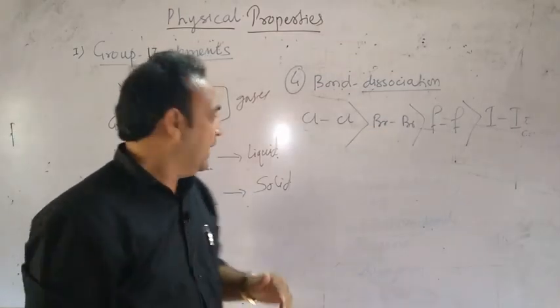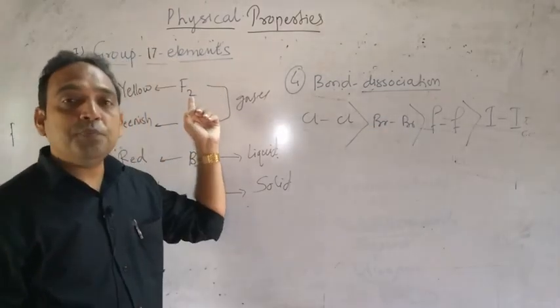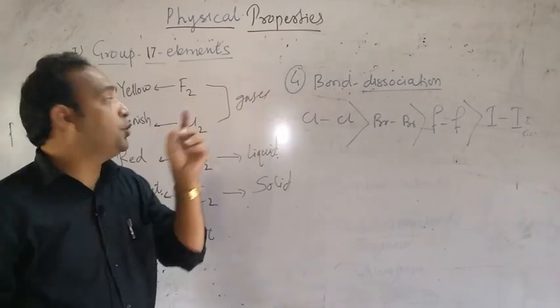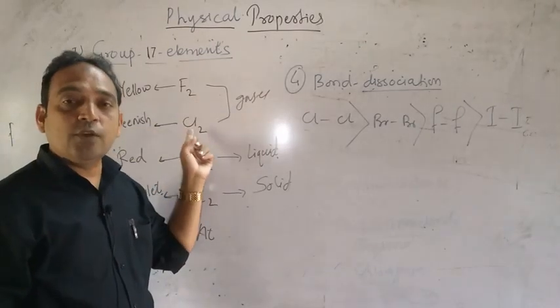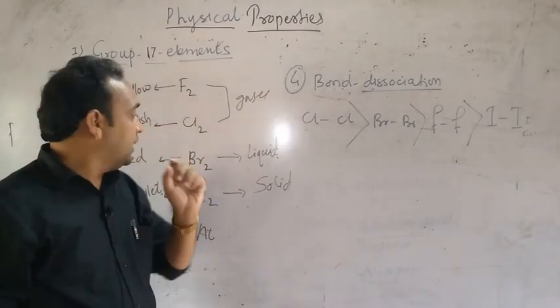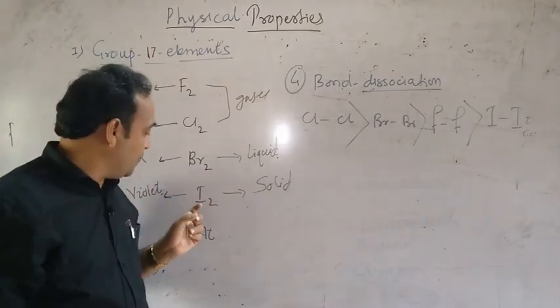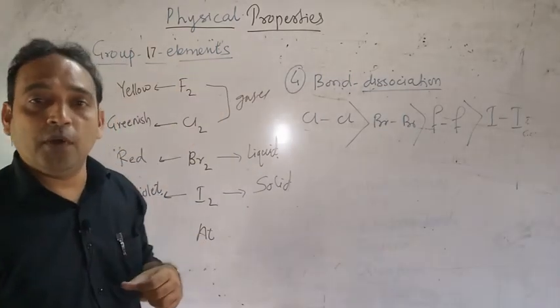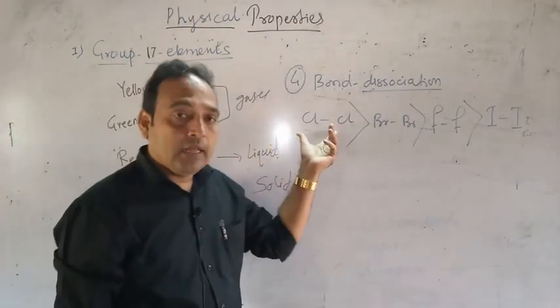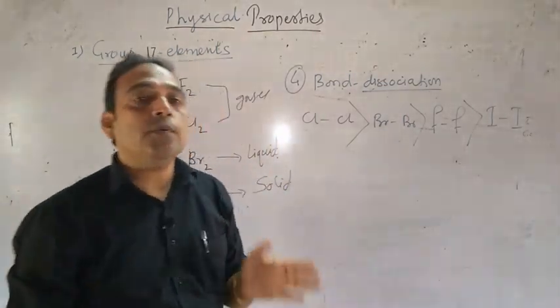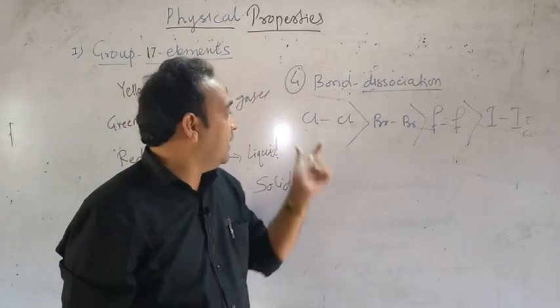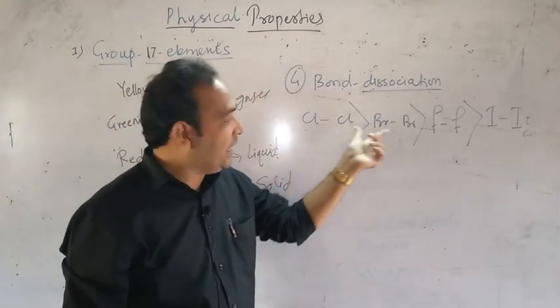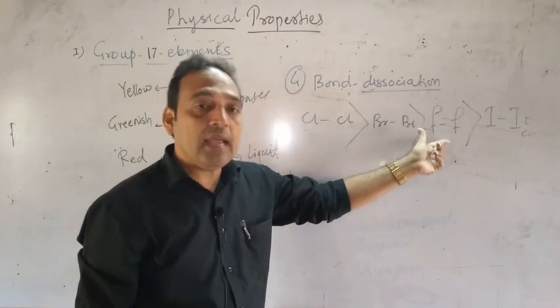The halogen family are diatomic molecules. Fluorine is present in the form of F2. Chlorine is present as Cl2, then Br2, I2. So these are called diatomic molecules. So which bond will be stronger? The Cl bond, then Br, then the F bond.